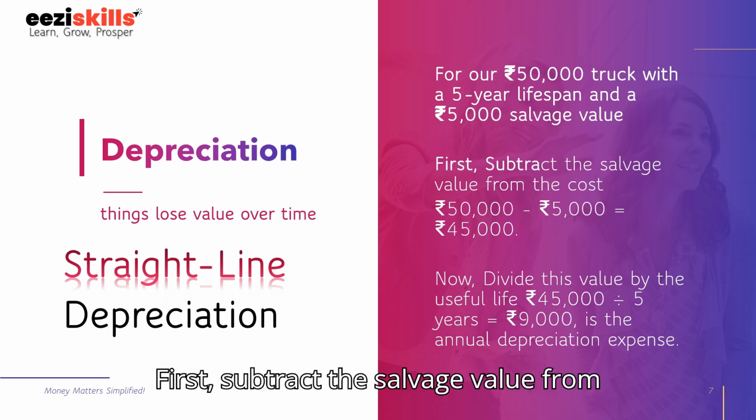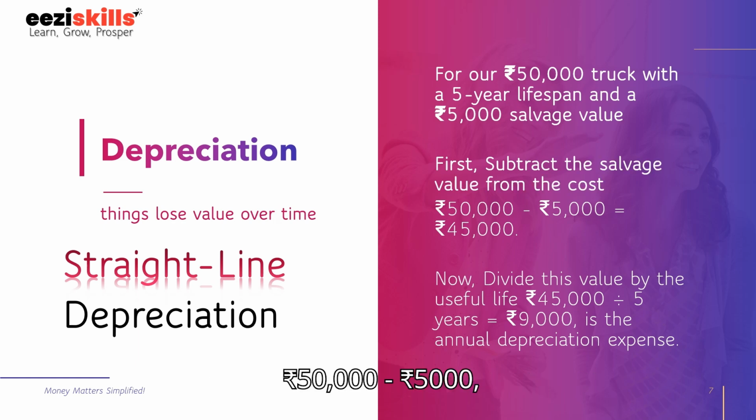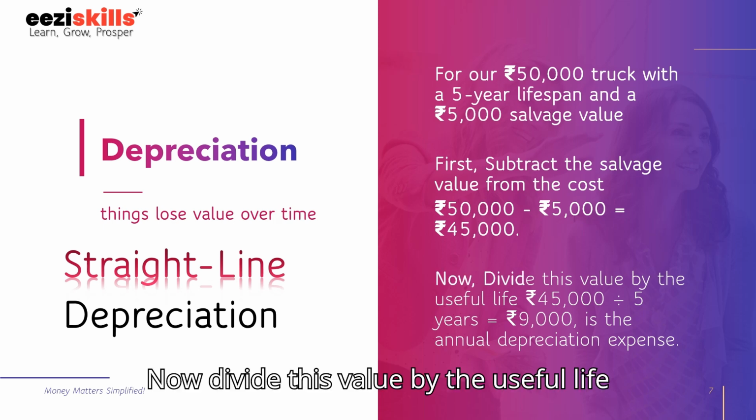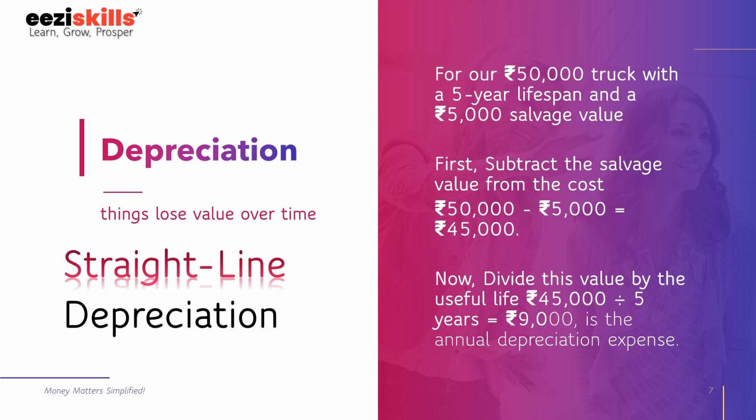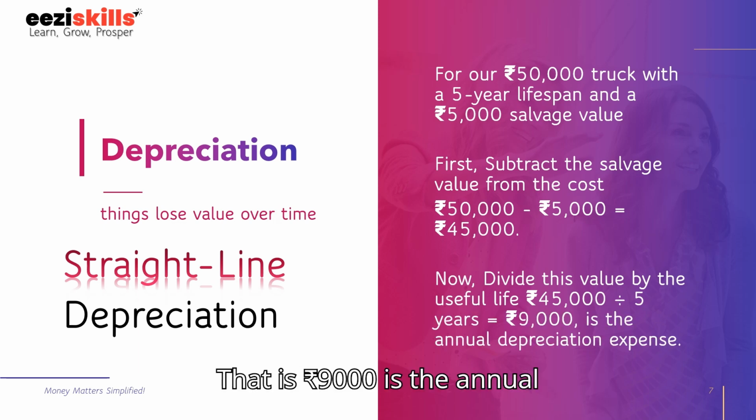First, subtract the salvage value from the cost, 50,000 rupees minus 5,000 rupees, that is 45,000 rupees. Now, divide this value by the useful life, 45,000 rupees divided by 5 years, that is 9,000 rupees, is the annual depreciation expense.